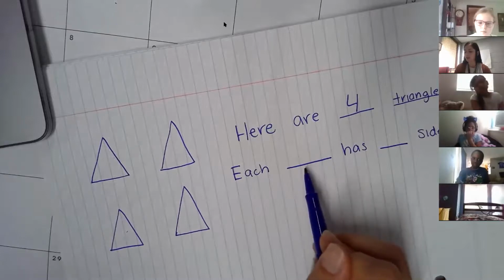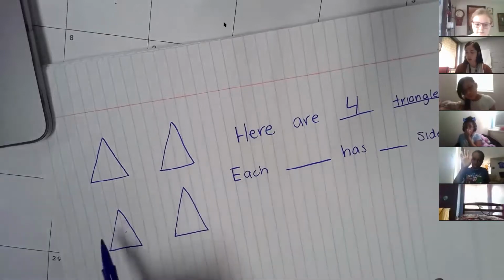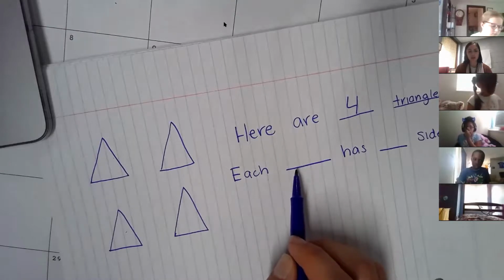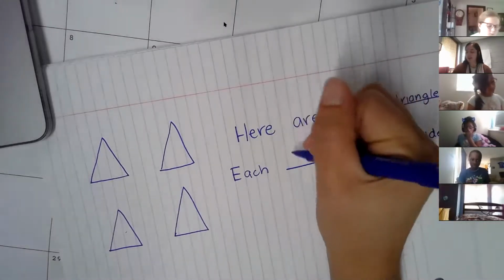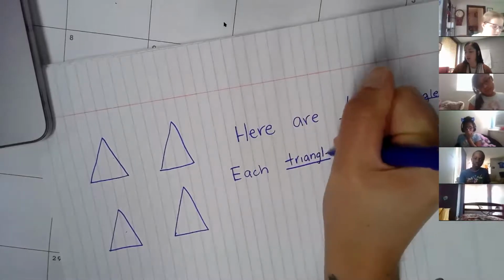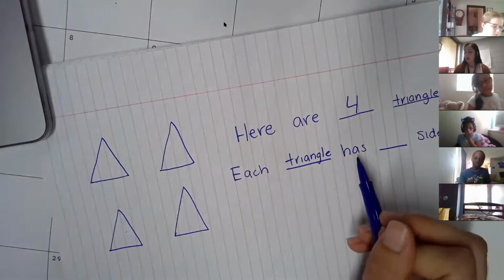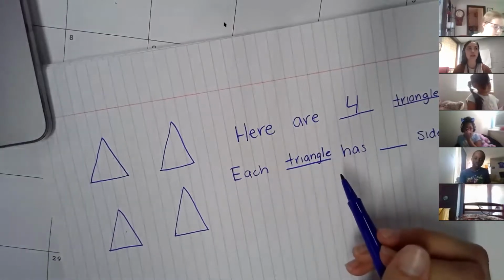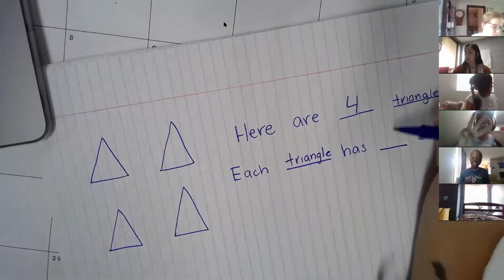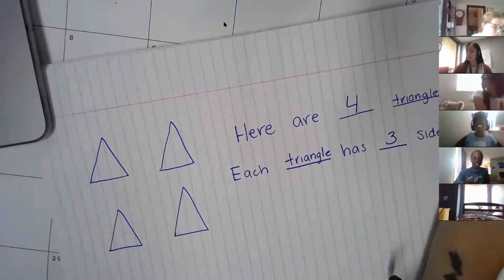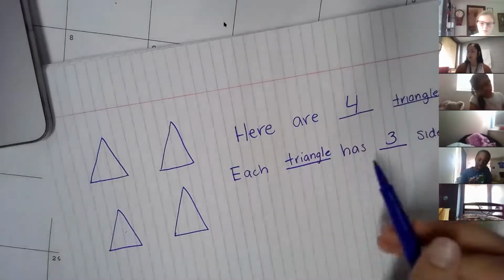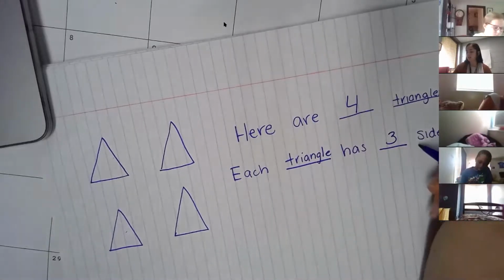What word do you think I'm going to put here? Each what? What are these things? Kwaku, what am I going to put here? Triangles. Thank you, Malachi. Triangle. So I need to put each triangle has, how many sides does a triangle have? 3 sides. So that's going to be my second sentence. Each triangle has 3 sides.